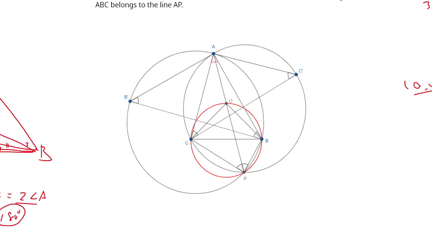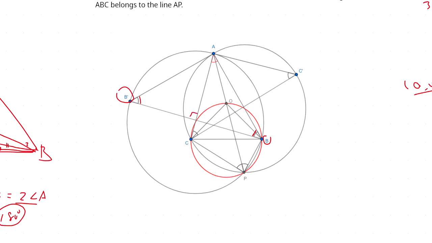B prime is the reflection point of B over AC. So that is clear. This angle, AB B prime, equals angle A B prime B, right? Because it's really a reflection. And here we have a right angle.